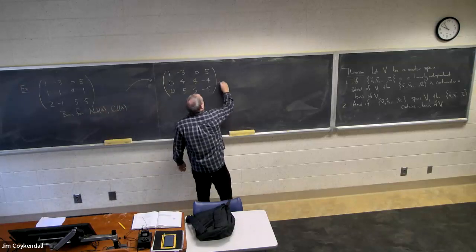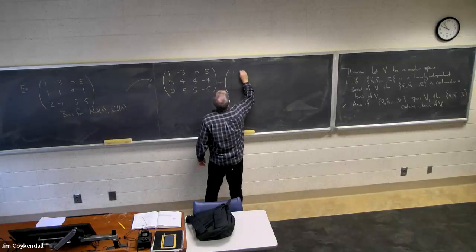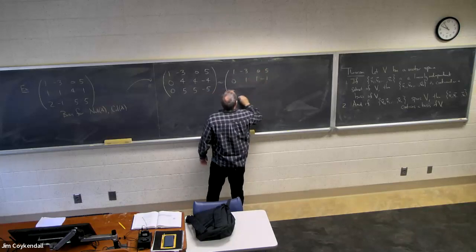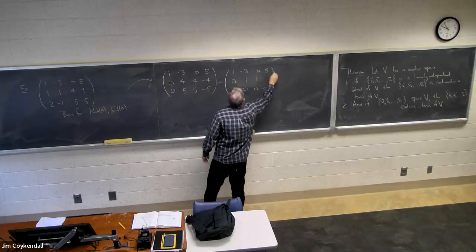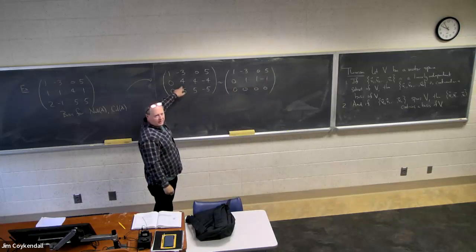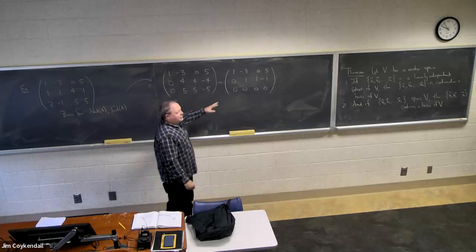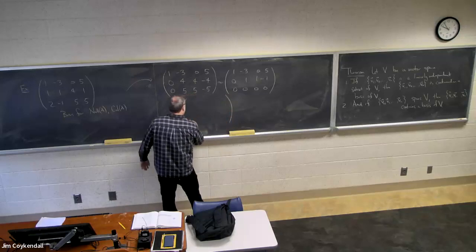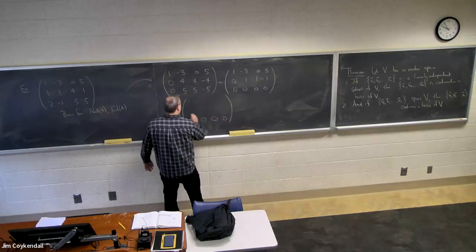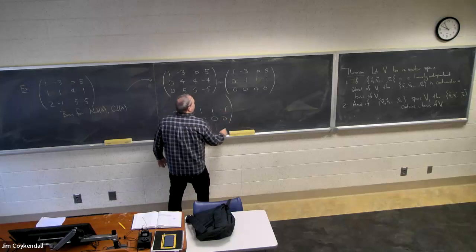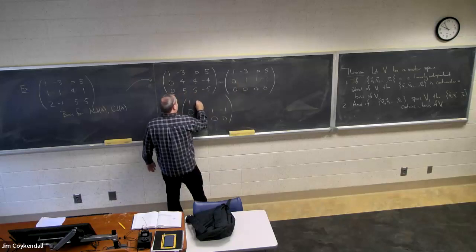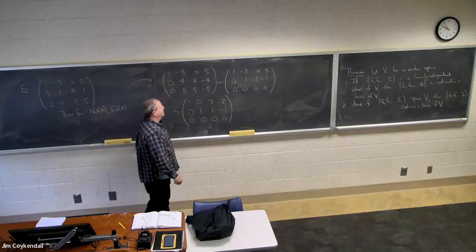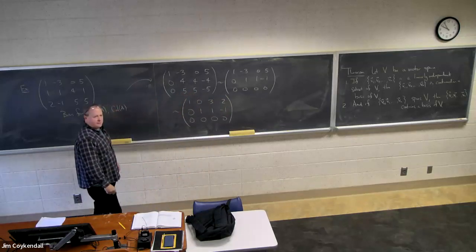So this is 1, minus 3, 0, 5, 0, 1, 1, minus 1, 0, 0, 0, because these both reduce to the same. Everybody cool with it? One more step so I don't confuse my pea-sized brain. 0, 0, 0, 0, 0, 1, 1, minus 1. Multiply that by 3 and add. 3, 2. Okay.